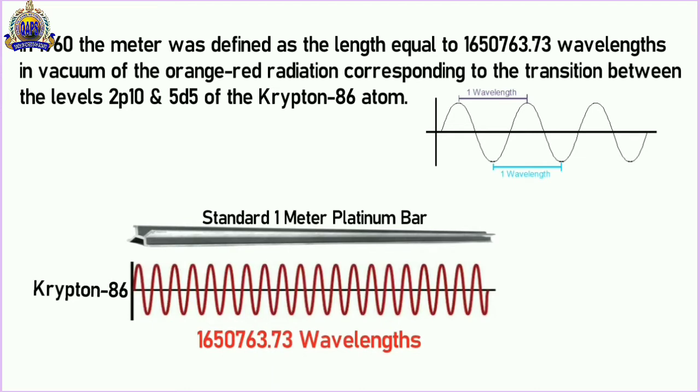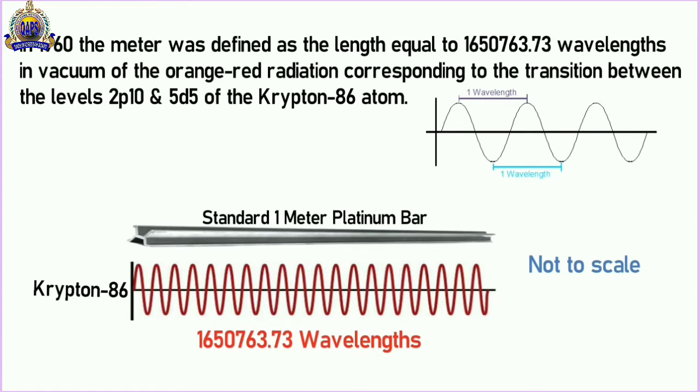These 1650763.73 wavelengths were kept as the standard, and this distance is called 1 meter, and it was measured through the platinum bar.